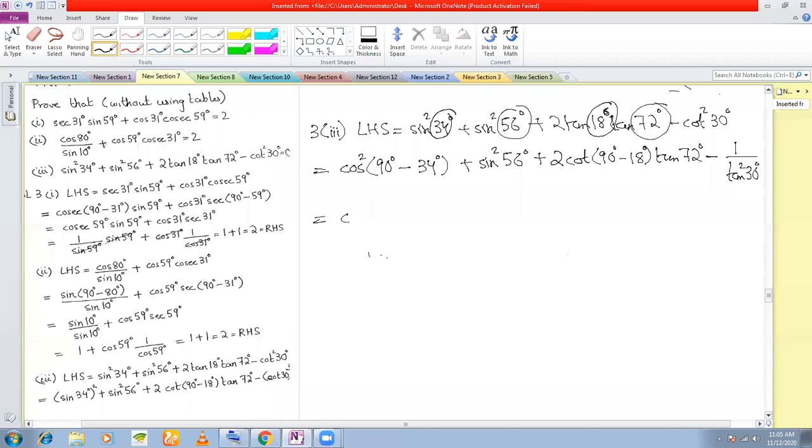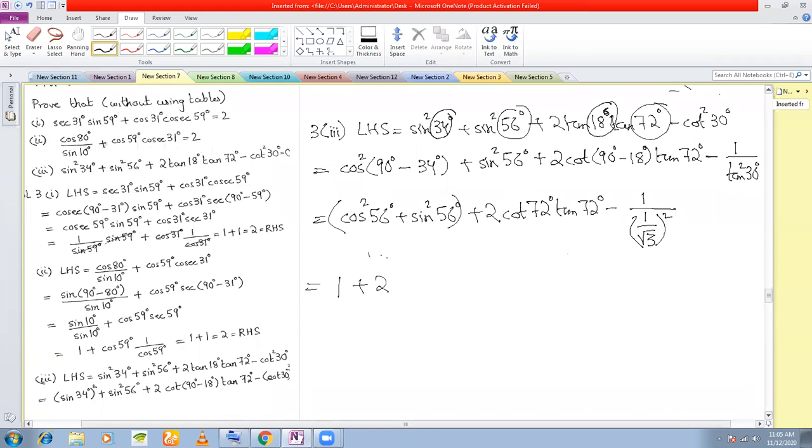So what happens here? You get cos square 56 degree plus sine square 56 degree plus 2 cot 72 degree tan 72 degree minus, and what is the value of tan 30? Tan 30 you know is 1 by root 3, but this is tan square, so this is 1 by root 3 square. Now this part is cos square theta plus sine square theta, and this becomes 1.